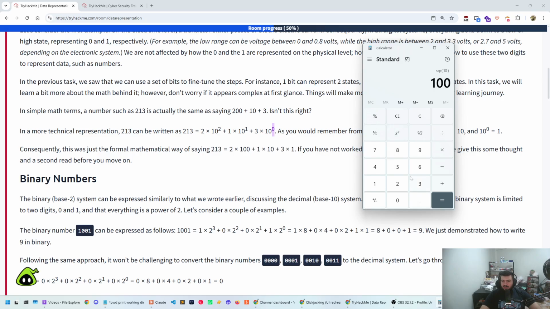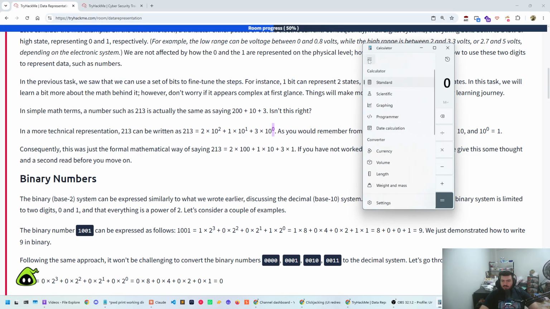I'm going to say here 10, and then to the power, oh, why is this the square root? I want to the power. How can I write to the power? I actually don't know how to write to the power in this calculator.